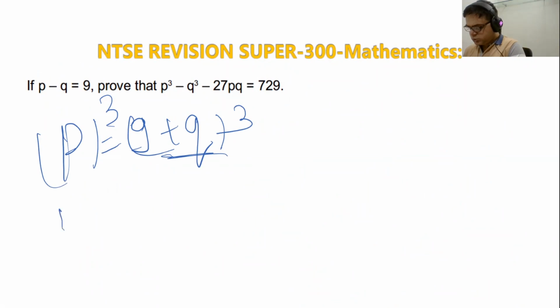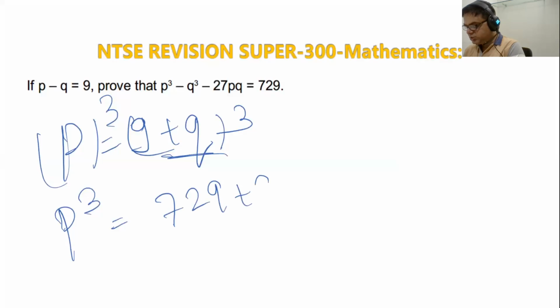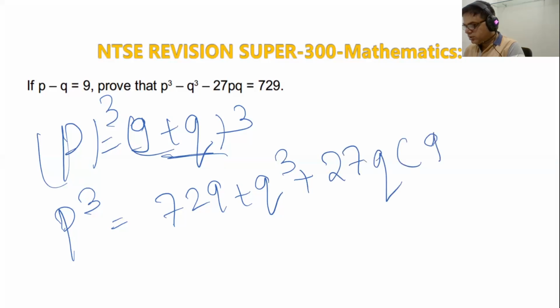Let us see. So p cube will be equal to 729 plus q cube plus 27q. No, sir, it will work. It will work. 27q into 9 plus q.